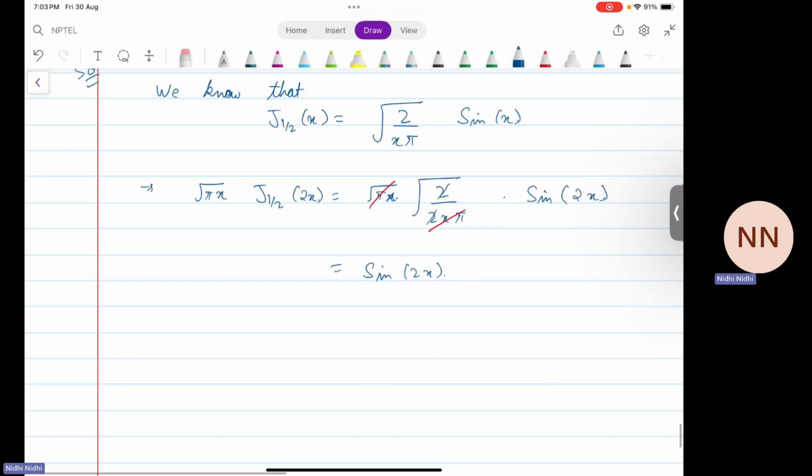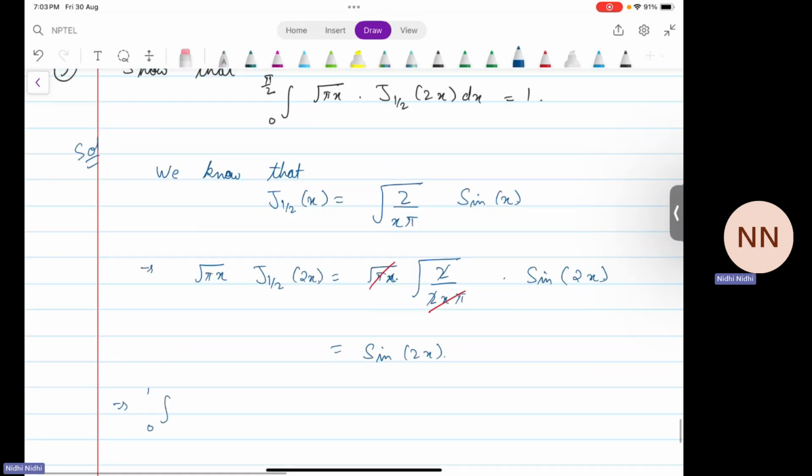Now this gives us the integration from 0 to pi by 2 of root pi x J 1 by 2 of 2x dx is equal to the integral from 0 to pi by 2 of sine 2x dx.